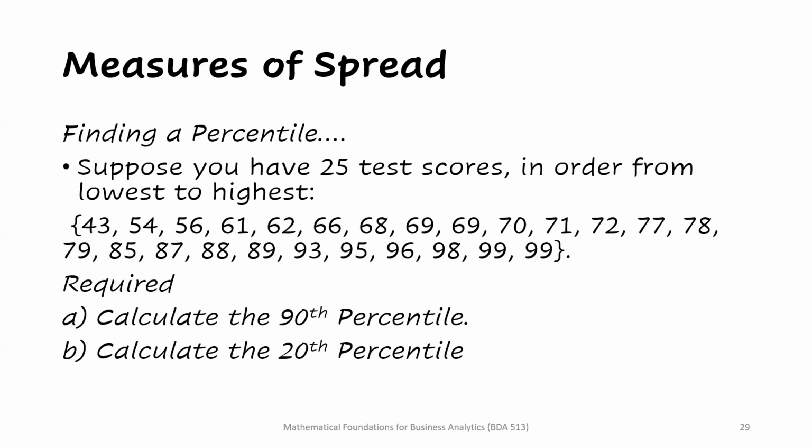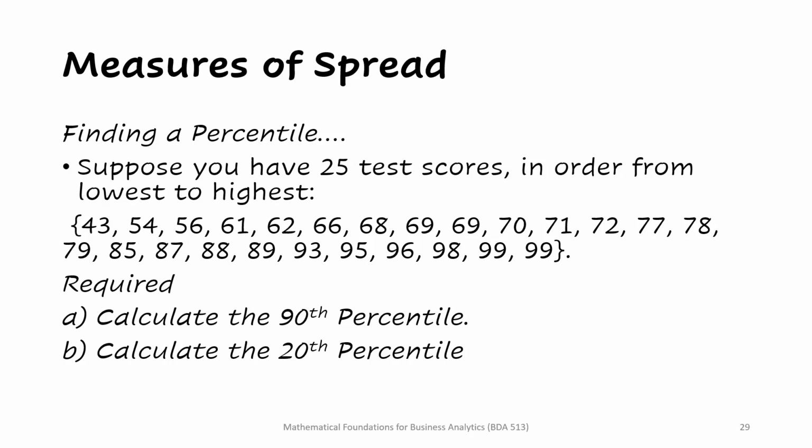Okay, go ahead. I started with Q1, which is the 25th percentile, and the actual value is 68. The 75th percentile, the actual value is 89.